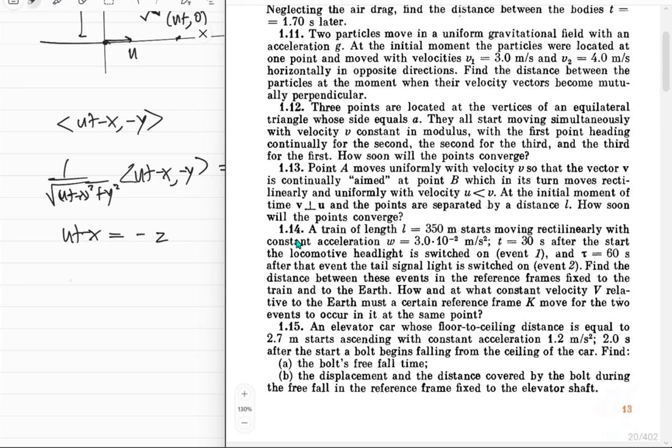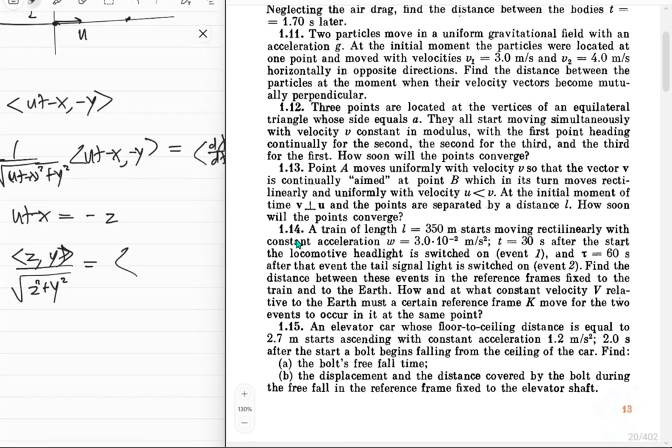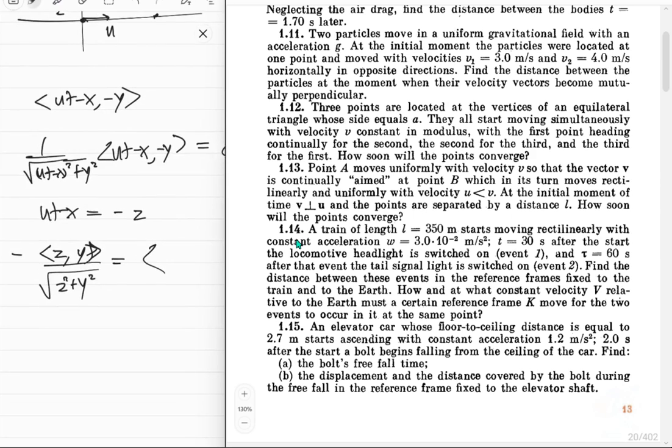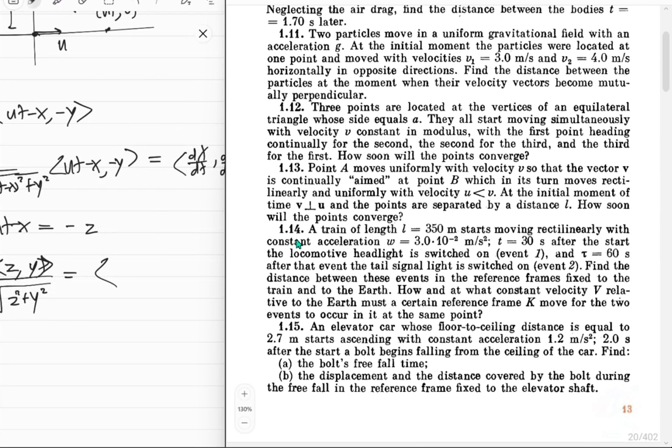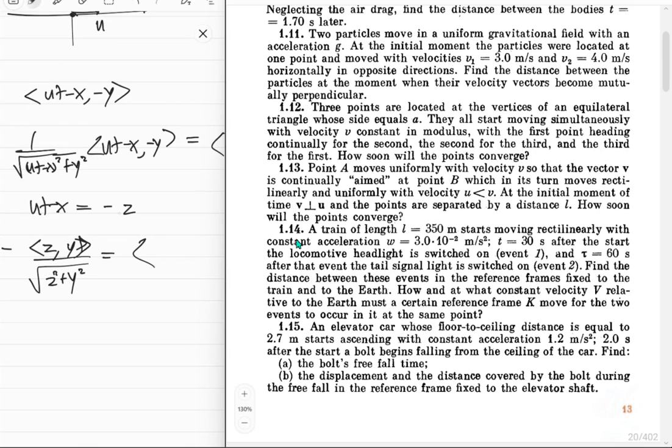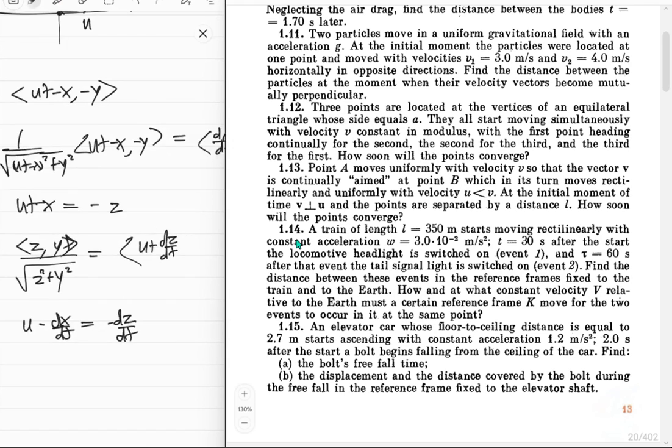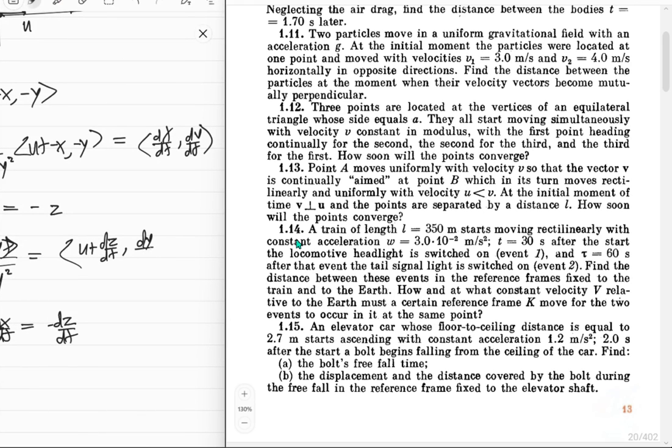So basically what we are saying is that negative z comma y upon square root of z squared plus y squared would be equal to this thing. So dx upon dt, if you differentiate this, u minus dx upon dt is equal to negative dz upon dt. So dx upon dt is just u plus dz upon dt, and then we got dy upon dt.